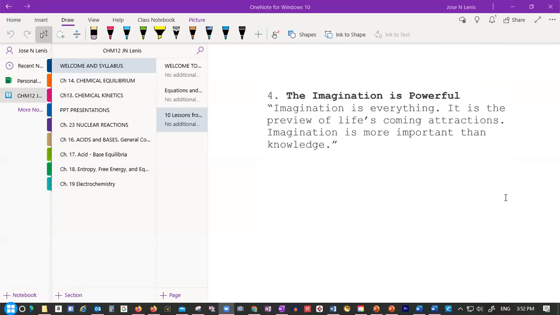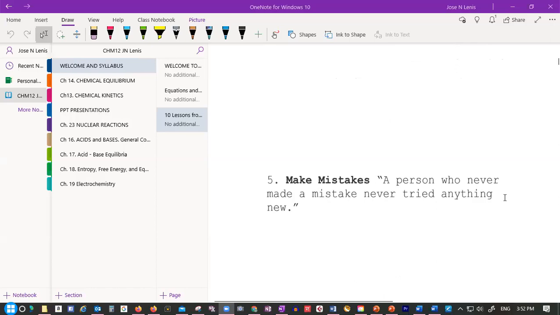He said, imagination is everything. It is the preview of life's coming attractions. Imagination is more important than knowledge. What about this one? Make mistakes. A person who never made a mistake never tried anything new. Something to think about.